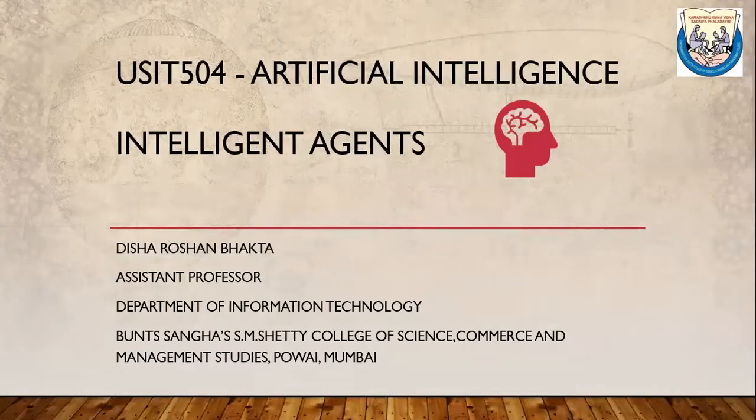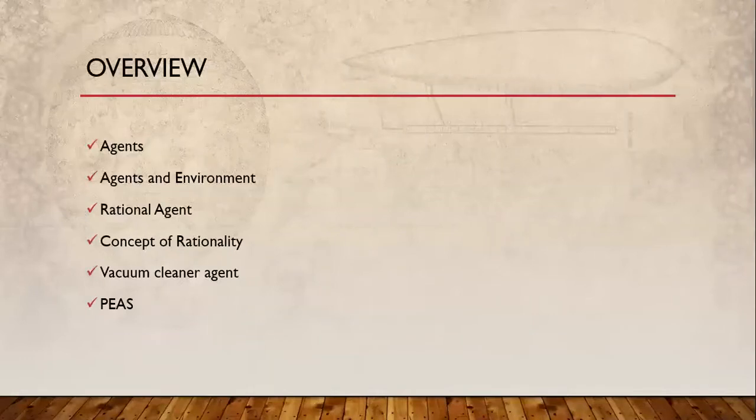So going backward again, we have seen the introductory part of our subject. In the introduction, I think we have seen the definitions of artificial intelligence. Then we have also seen the different foundations of artificial intelligence. We have also seen the state of the art of artificial intelligence.